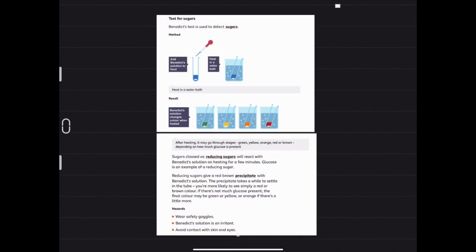Here you can see the experimental steps for testing for reducing sugar via the Benedict's solution. So just bear in mind the steps that are taken here.